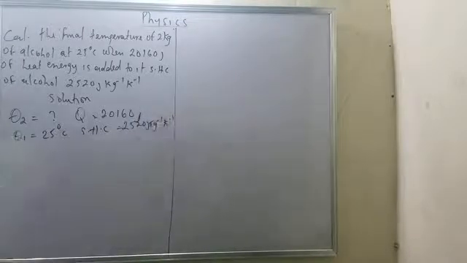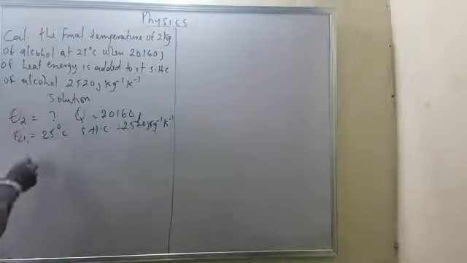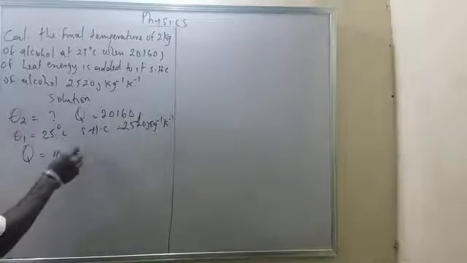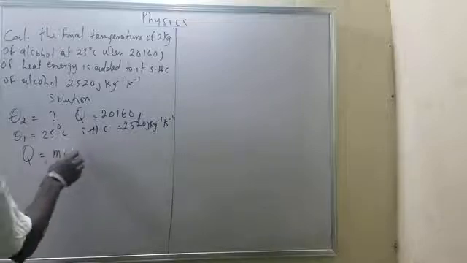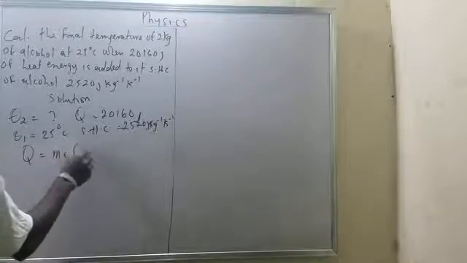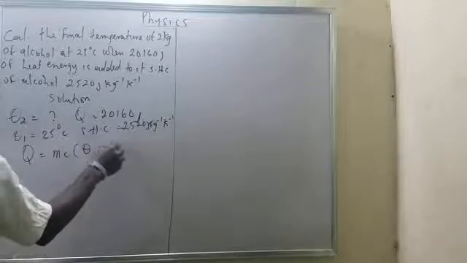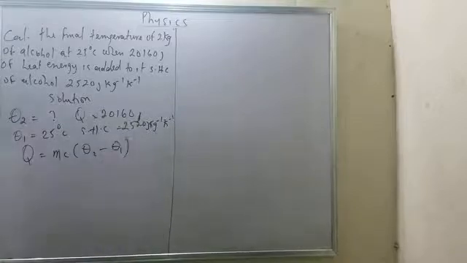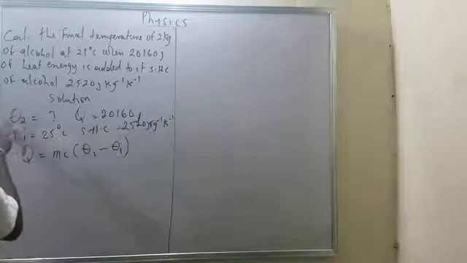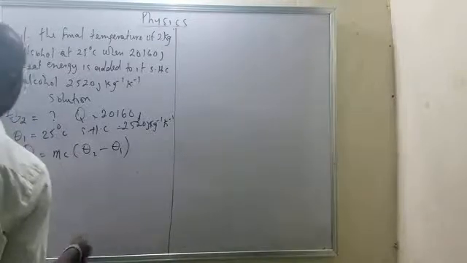Now, since I have that, I can move on by having my Q equals to mass multiplied by the specific heat capacity, multiplied by change in temperature. It will be final minus what? Initial. Since I have this, I can now substitute. I know my Q, my theta 2, which is the final temperature, is not given.